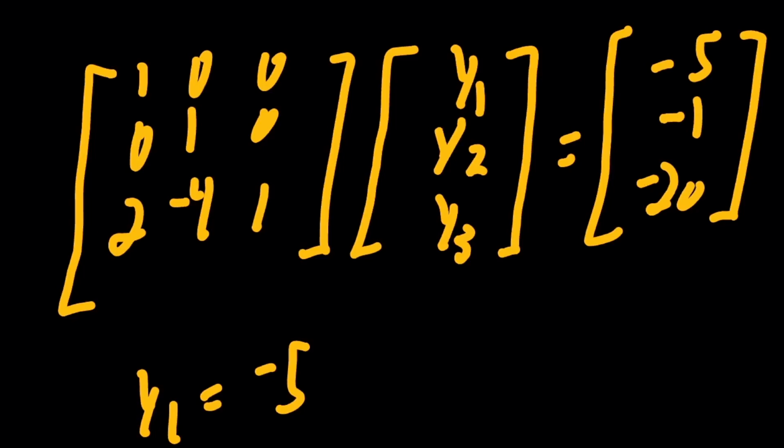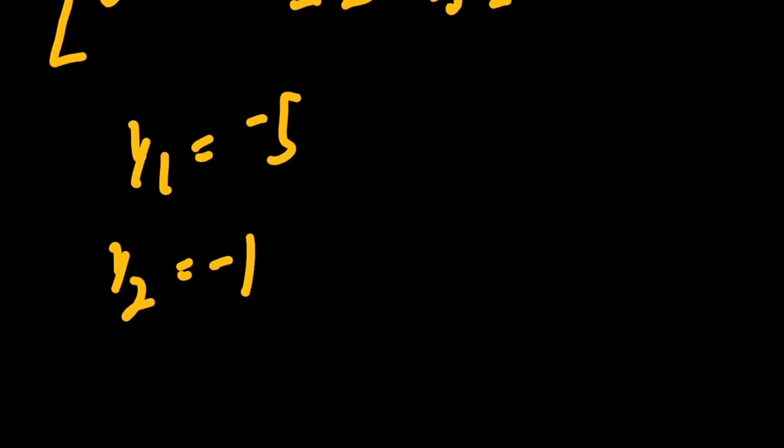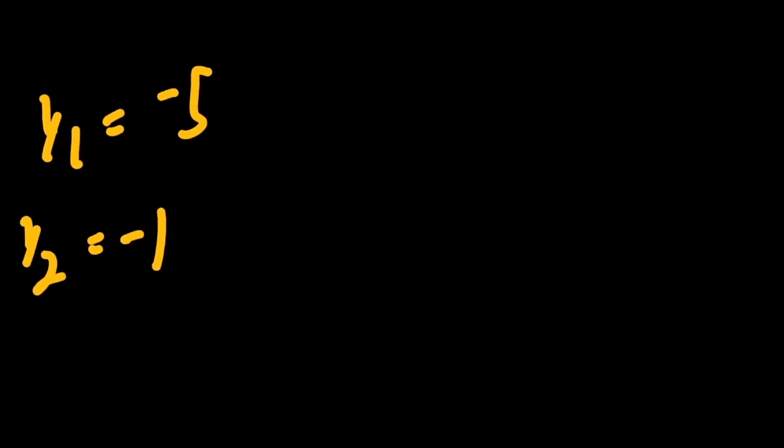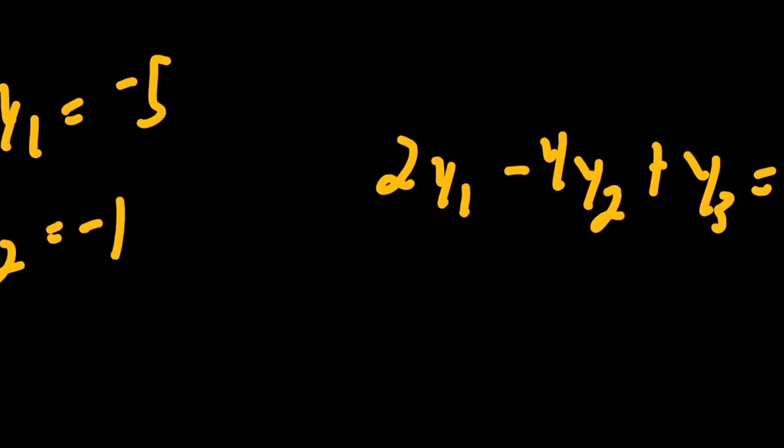Now, here's the problem though. How are we going to solve for y3? Well, we already know y1 and y2. It's all a matter of direct substitution. So we have 2 times y1 minus 4 times y2 plus y3 is equal to -20.